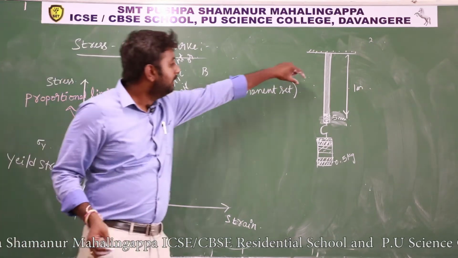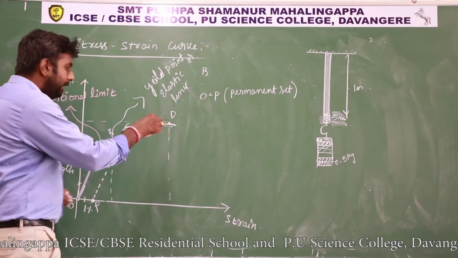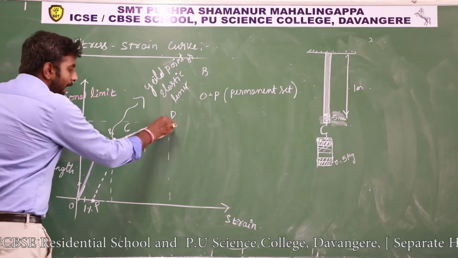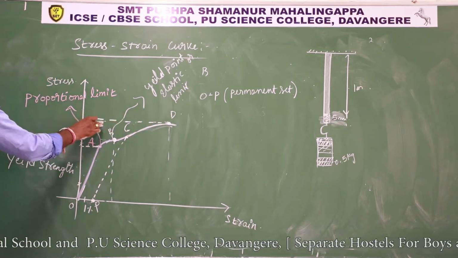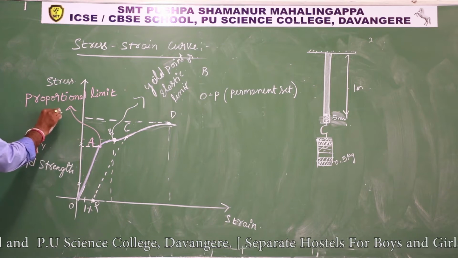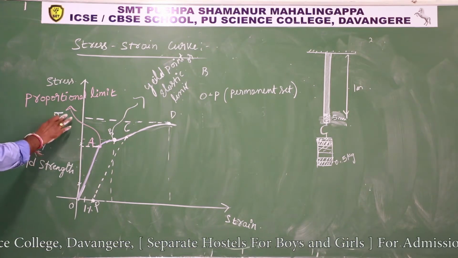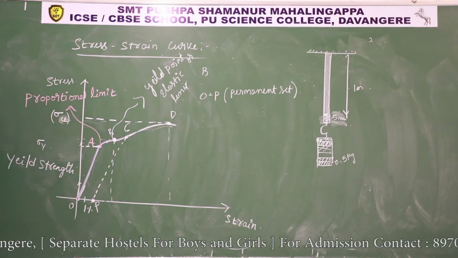That means the length is increasing. Finally it reaches the maximum value, and the stress corresponding to point D is denoted by sigma u. What does sigma u mean?